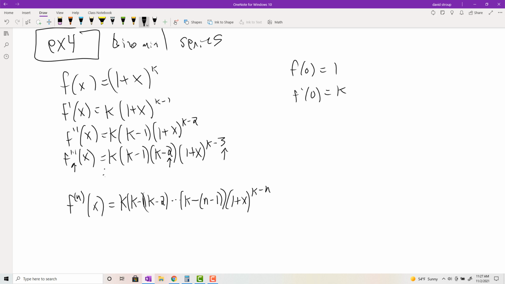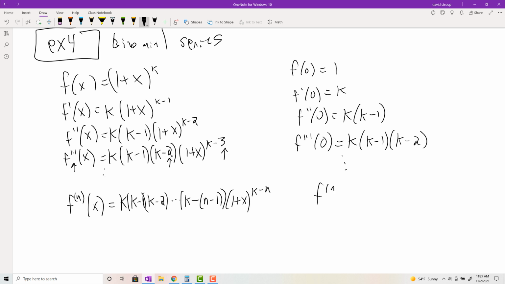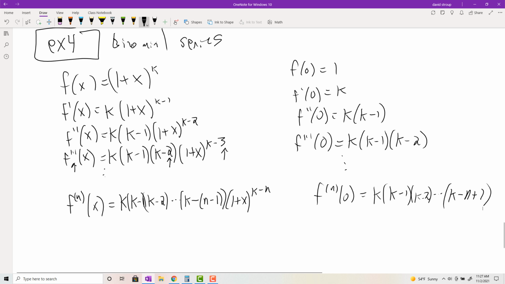So it'd just be 1. This is k, times k - 1, k times (k - 1) times (k - 2), blah, blah, blah. So the nth derivative evaluated at 0 looks like it's going to be k(k - 1)(k - 2) and so on, all the way to k - (n - 1). You distribute the negative and you get k - n + 1.